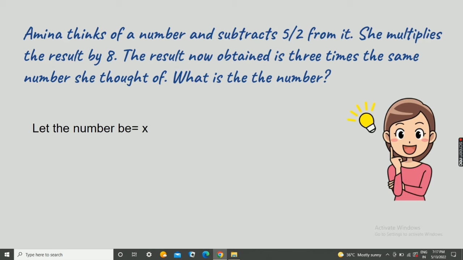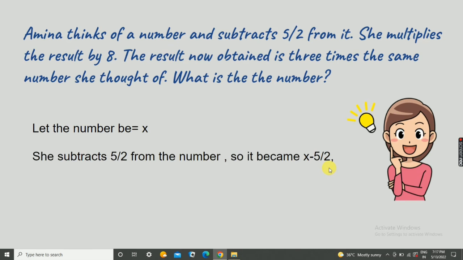Now, our statement says that Amina subtracts 5 by 2 from it. So it would become x minus 5 upon 2. She multiplies the result by 8. So we have the result x minus 5 upon 2, and we multiply this by 8.